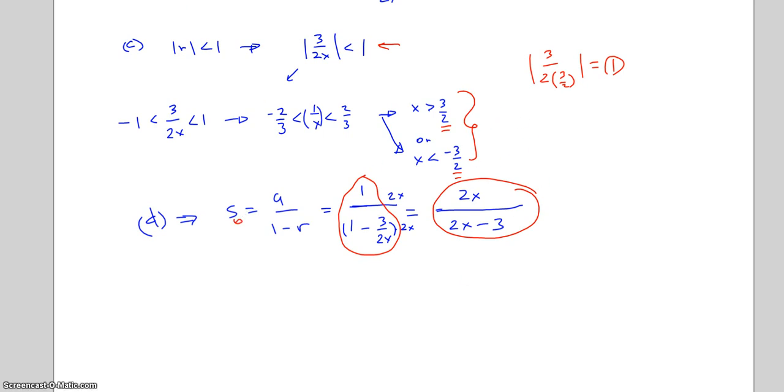That was the whole reason for the interval of convergence: you'd have to say, that's the formula, but it only works when x is greater than 3/2 or x is less than negative 3/2, because if not, then this criterion is not valid, and therefore this formula for the infinite sum just doesn't exist.